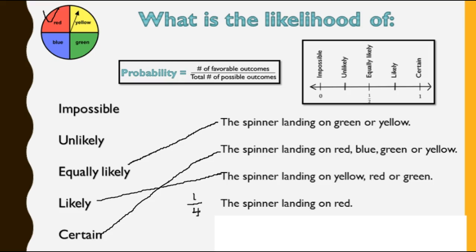So the probability is 1/4. So the likelihood, 1/4 is less than 1/2, but it's more than 0. So we're going to use this phrase, unlikely. So it's unlikely that it would land on red, but it's not impossible because there is a red section.